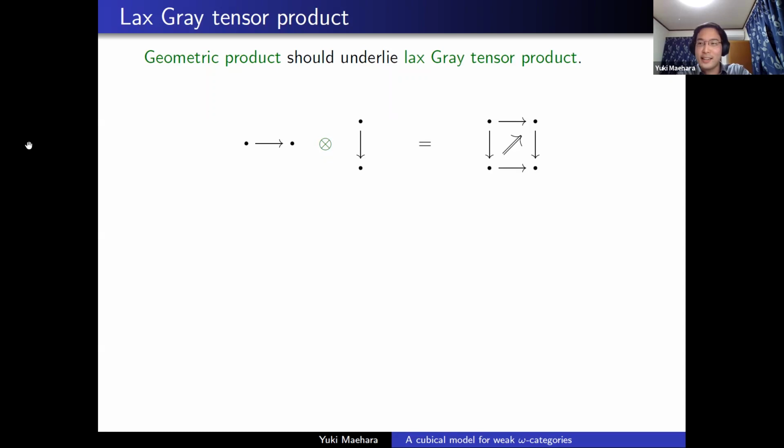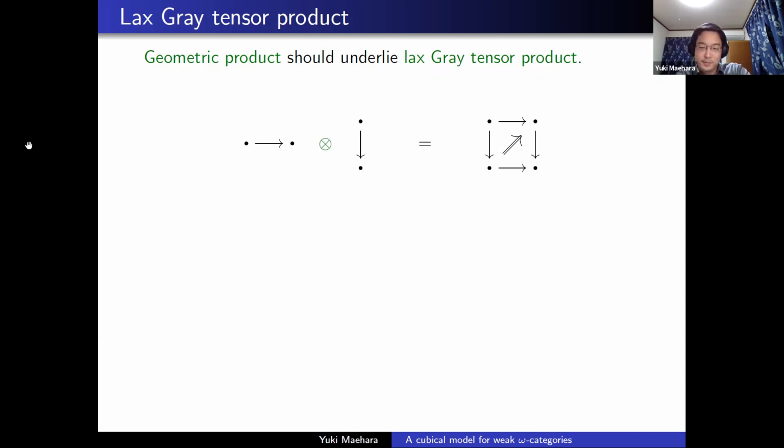I must say, I don't really see why it should, but at least in low dimensions, you can draw horns or boxes that exhibit somehow these compositions, unit, associativity, and everything.